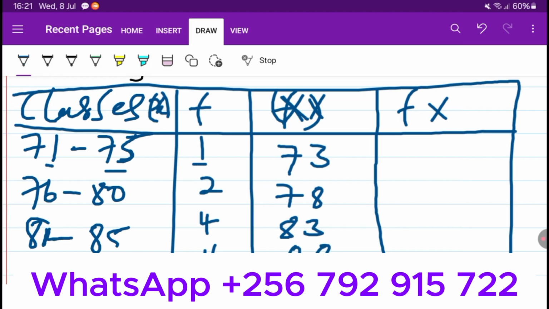So you multiply this times this. 1 times 73 gives you 73. And then 2 times 78 gives you 156. This will be 332, and then 3. This one will be 352, which is 4 times 88, then 5 times 93, giving you 465.